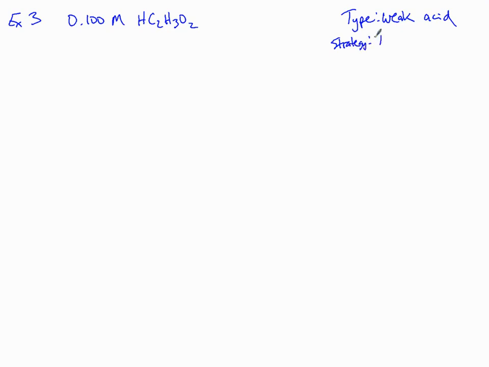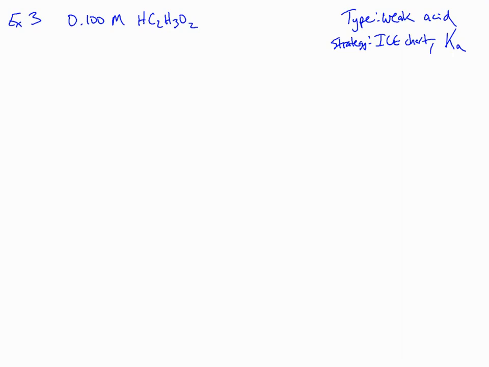So the strategy here is to use an ice chart and also the Ka, the acid dissociation constant. Sometimes the question will give these to you, like this one.